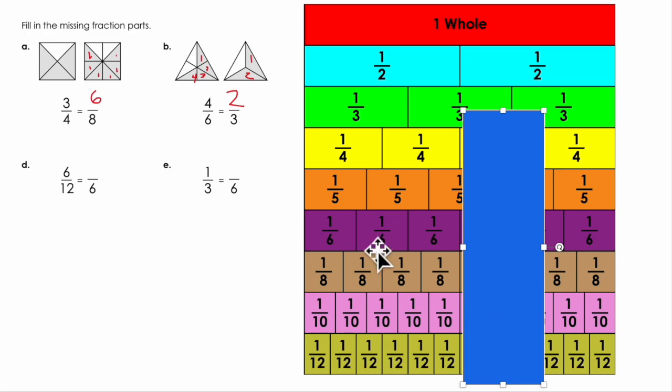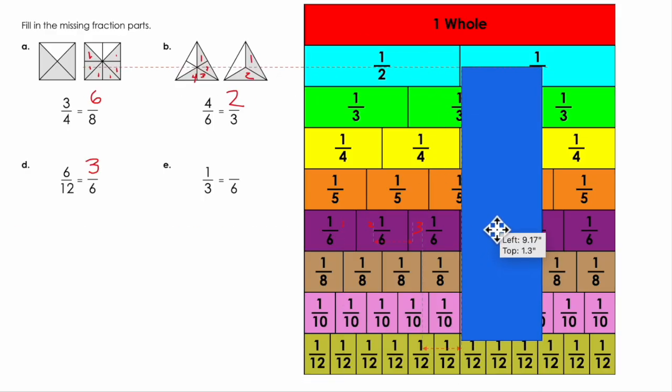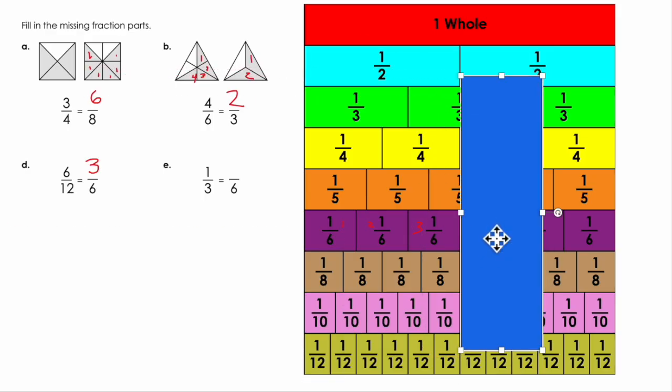Oh, wait, 6 12s is equal to how many 6s? 1, 2, 3. 6 12s. Or, wait a minute. 6 12s is also equal to half.